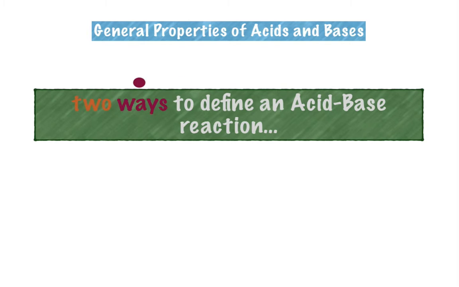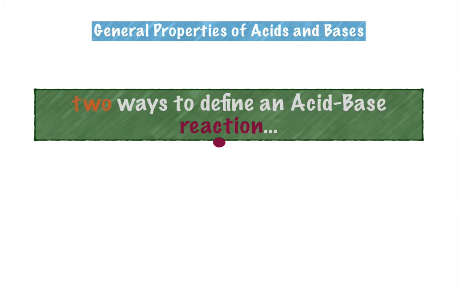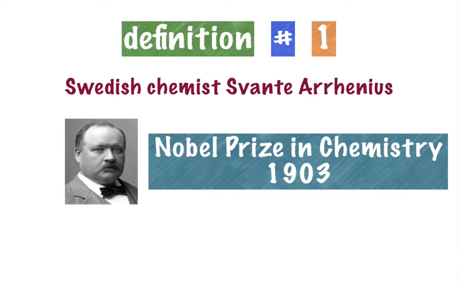There are two ways to define an acid-base reaction, and definition number one was developed by a Swedish chemist called Svante Arrhenius, who won a Nobel Prize for his work in 1903.